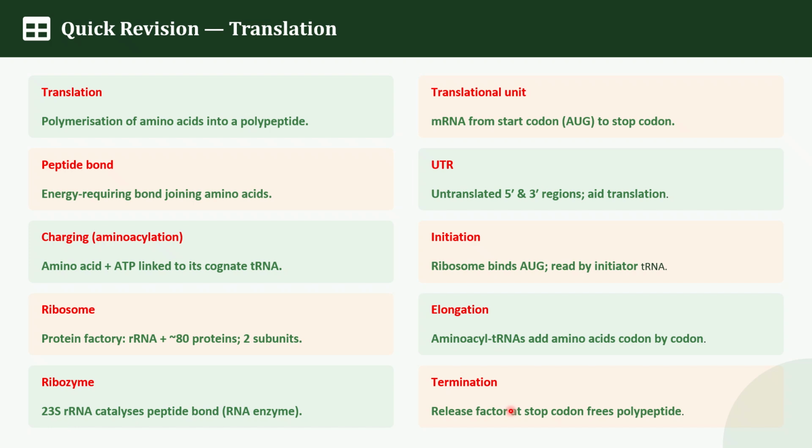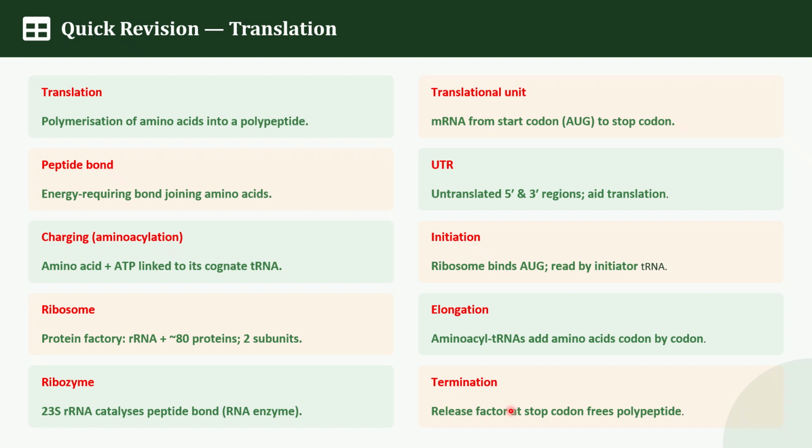In termination, a release factor recognizes the stop codon and the completed polypeptide is released. From the whole thing, what we should understand is that DNA is transcribed to mRNA, mRNA is translated to a polypeptide, and the polypeptide results in a functional protein.